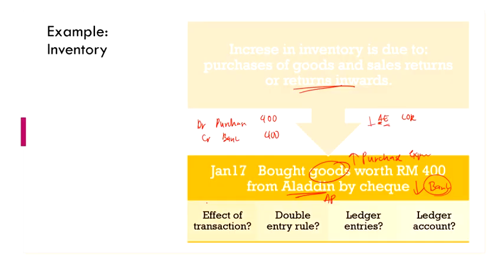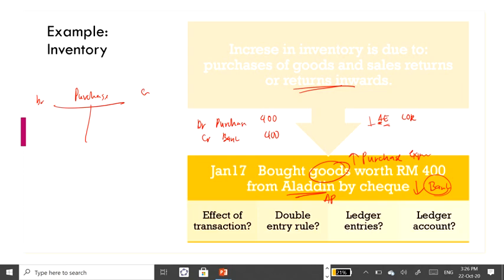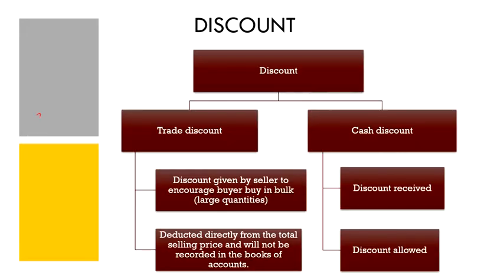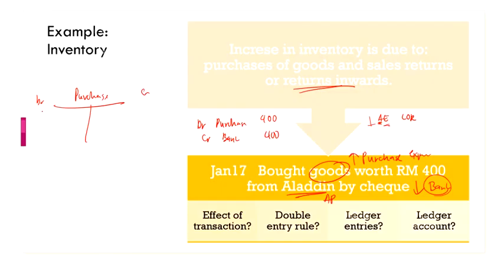So next kita pun akan buka purchase account. Debit side, credit side. Purchase. So on 17 January, particulars dia kita letak bank 400. Okay.